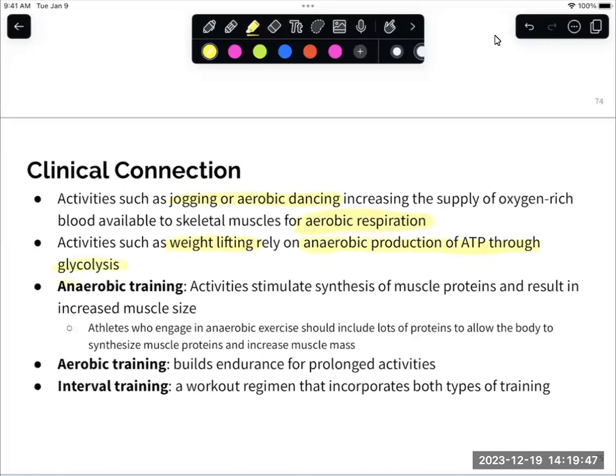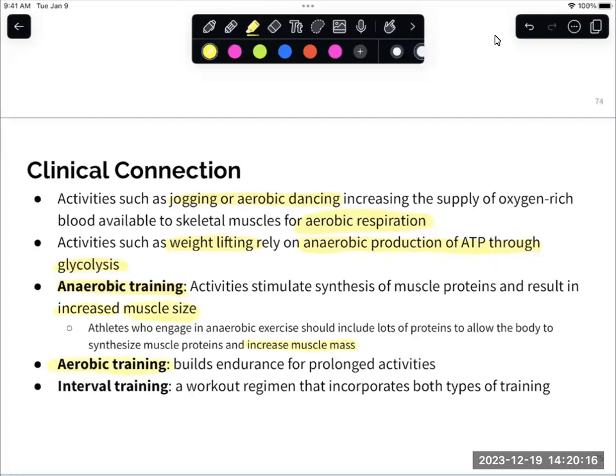Anaerobic training stimulates muscle proteins to increase in size. Sorry, I said aerobic, but anaerobic causes an increase in muscle size. So people who do anaerobic training, weightlifting, are working to increase their muscle mass.